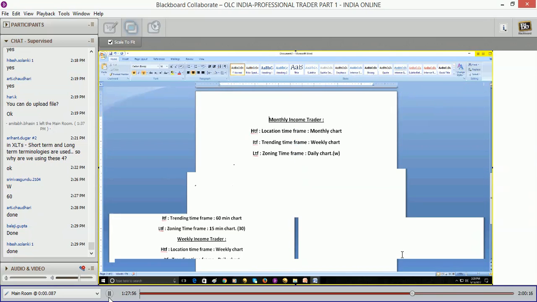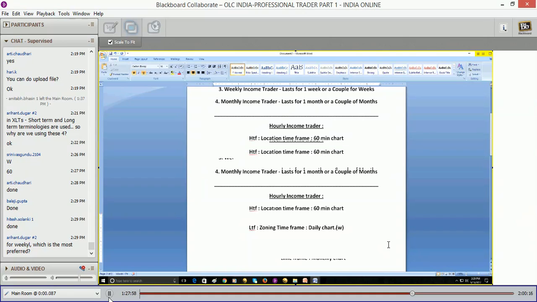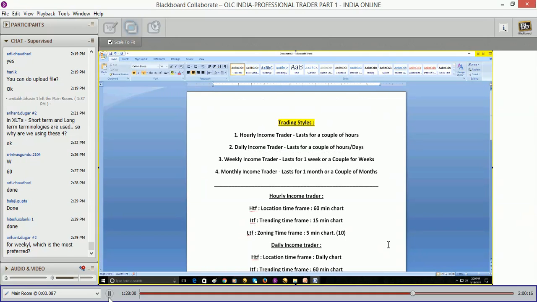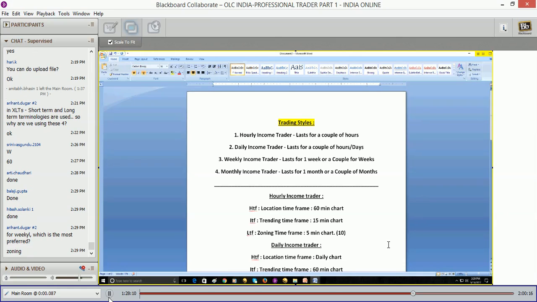We'll just recap, friends. Your higher time frame is used for your location or your big picture. Your intermediate time frame is used to identify your trend.